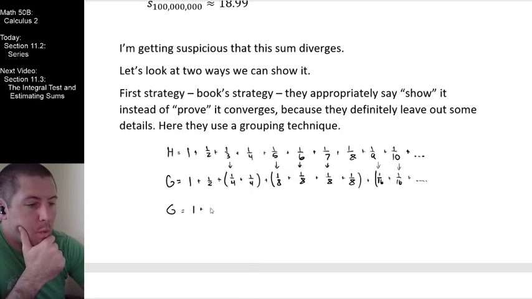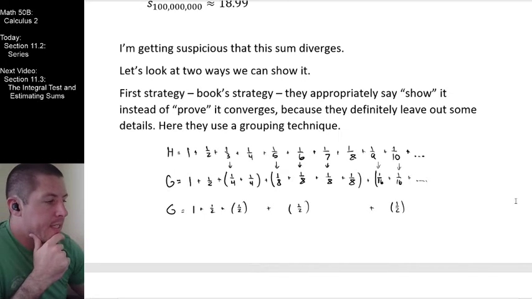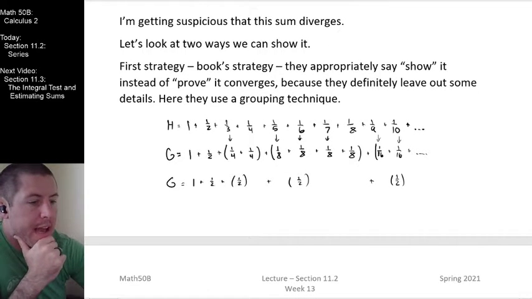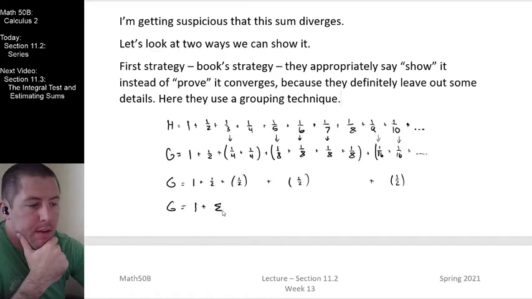Well, this now looks to me like 1 plus 1/2 plus 1/2 plus 4/8, that's 1/2, plus we're going to get 8/16, so that's going to be plus 1/2 right there. It seems to me that our series G is actually just going to be 1 plus, we're just going to add up 1/2 an infinite number of times, right?